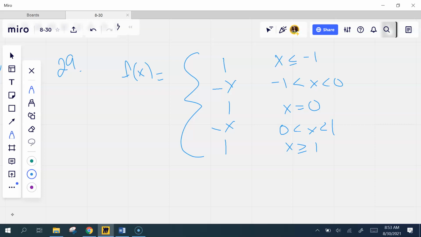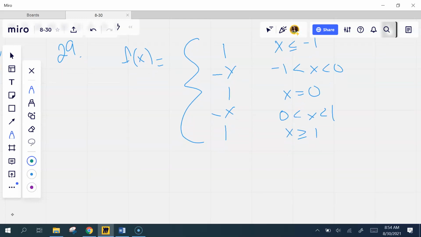29, part A says find the right hand and left hand limits of f at x equals -1, 0, and 1. So the limit as x approaches -1 from the right, and then we're also going to do from the left. What is the limit as x goes to -1 from the right?